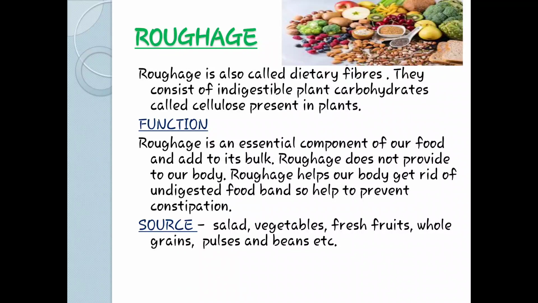Roughage does not provide nutrients to our body. It helps our body get rid of undigested food, and so helps to prevent constipation. Sources: salad, vegetables, fresh fruits, whole grains, pulses, and beans, etc.